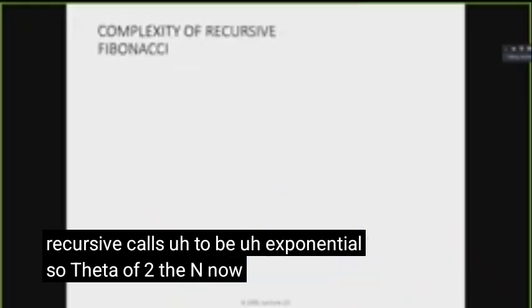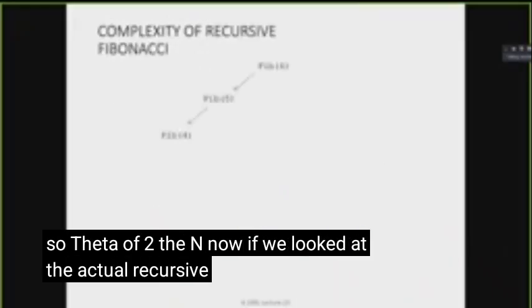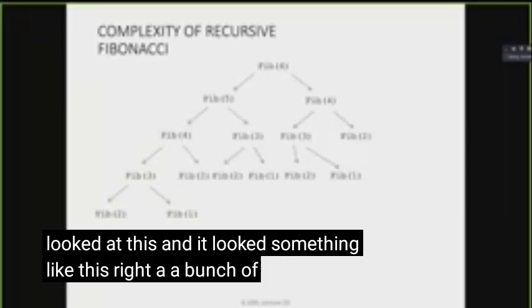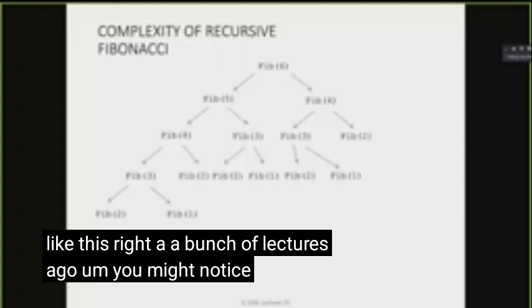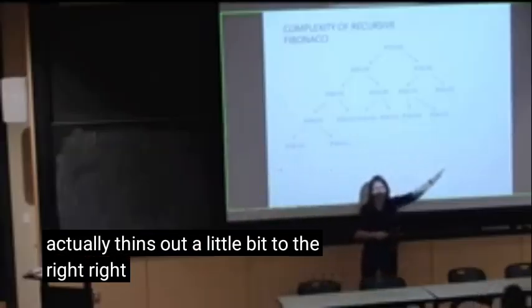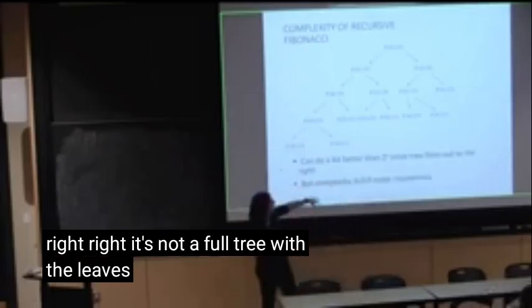Now, if we looked at the actual recursive call tree, which we looked at a bunch of lectures ago, you might notice that the tree thins out a little bit to the right. It's not a full tree with the leaves nicely all the way down.